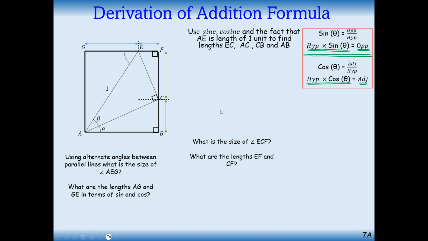These terms I'm underlining on the top right, we will use again and again in this derivation. Looking at the rectangle here, we've got this angle alpha, and we have another right angle triangle inside that rectangle with a hypotenuse of 1.